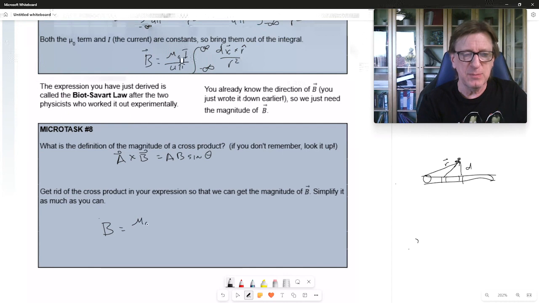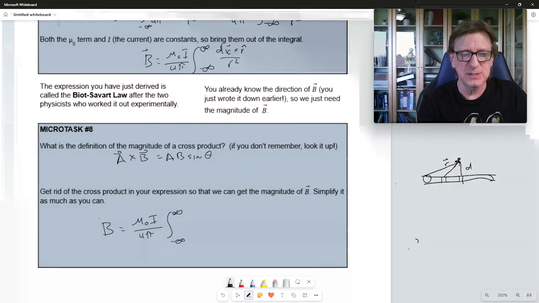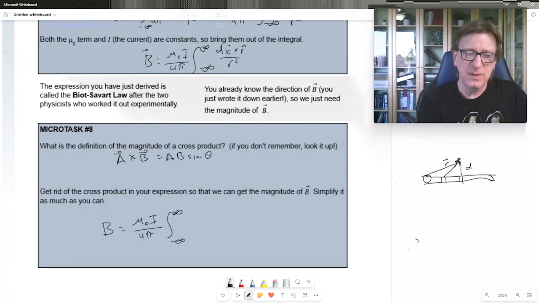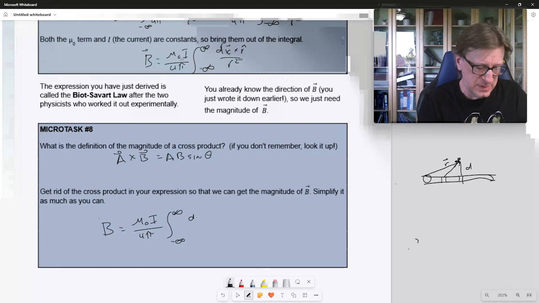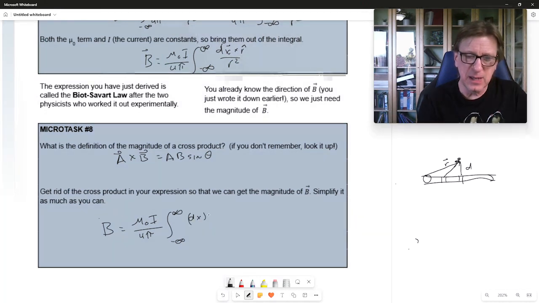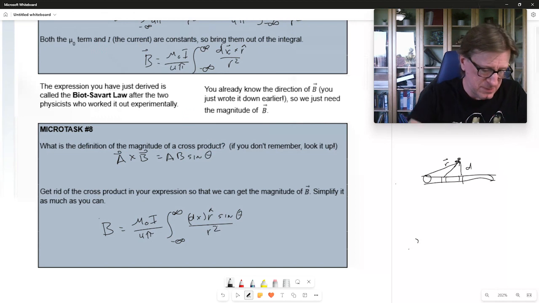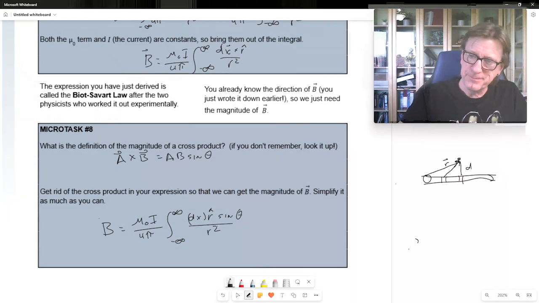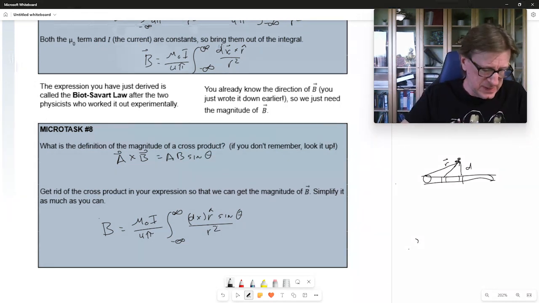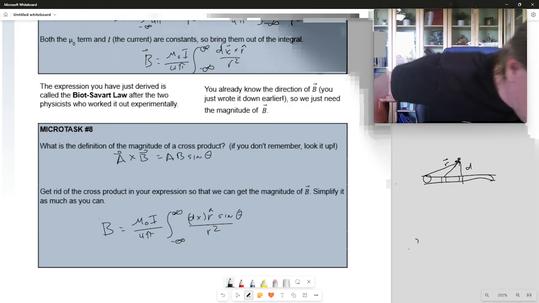And so that's going to be mu 0 I over 4 pi times the integral from minus infinity to plus infinity of dx r hat sine theta divided by r squared. See if that makes sense with what we have so far.